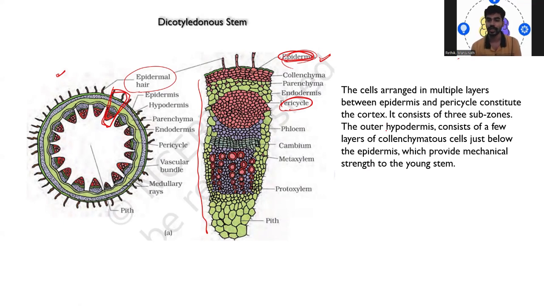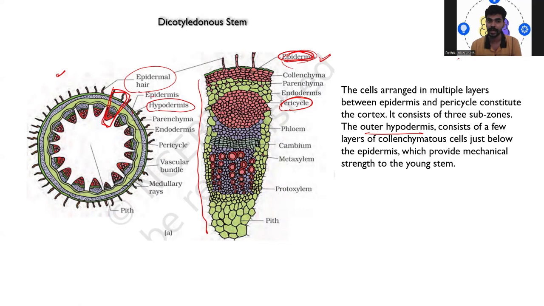One is the outer hypodermis. Can you see here? Hypodermis. So outer hypodermis, three subzones. The outer hypodermis consists of a few layers of collenchymatous cells, just below the epidermis.